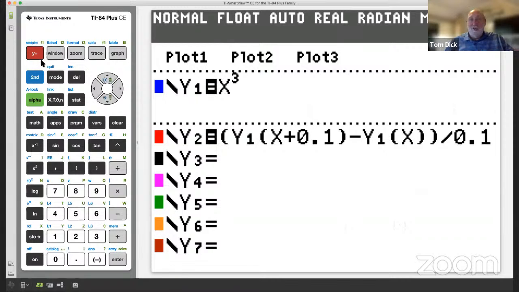So for example, I could even try something like, how about sine of x? Get rid of that. Well, let's see. Okay, we'll try it again. Okay, so sine of x. So that's my new y1.